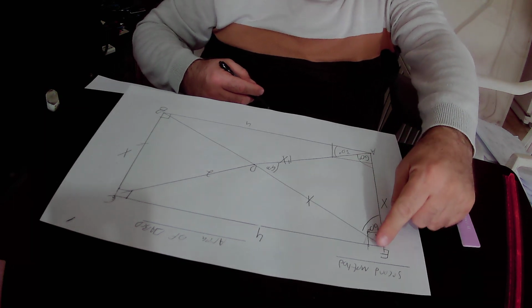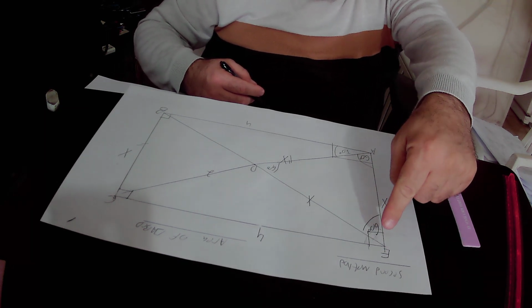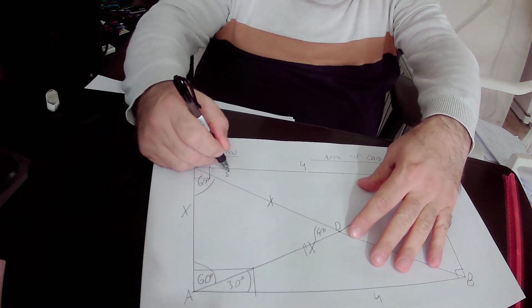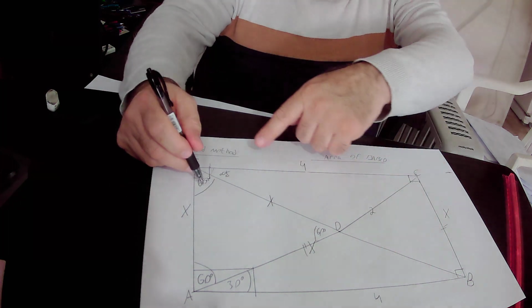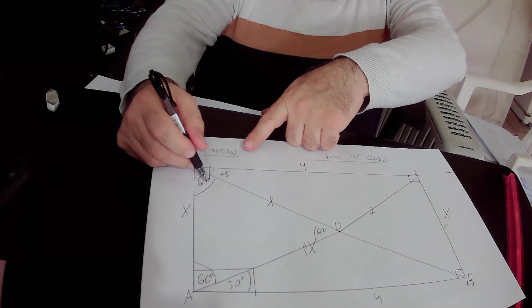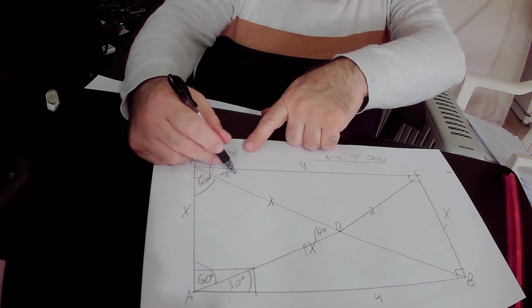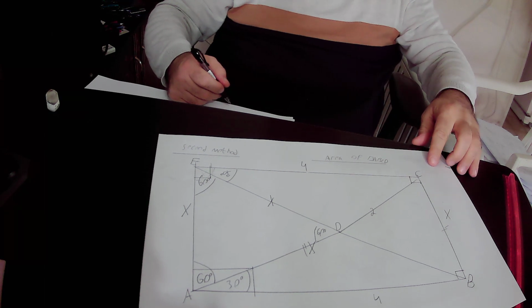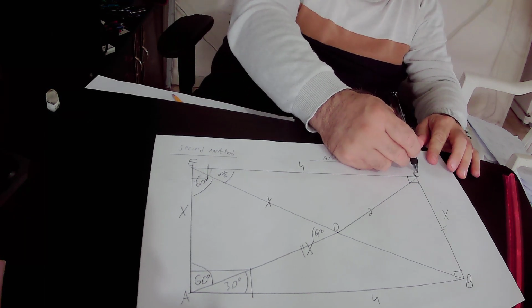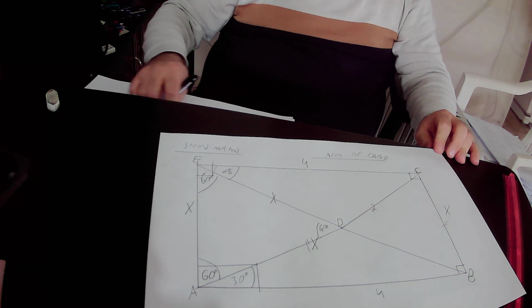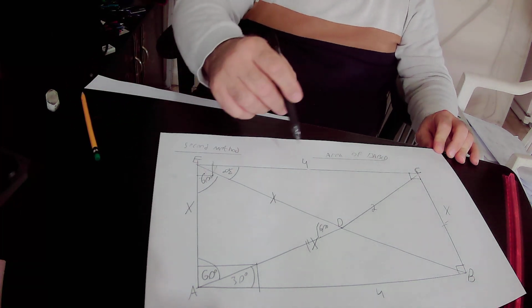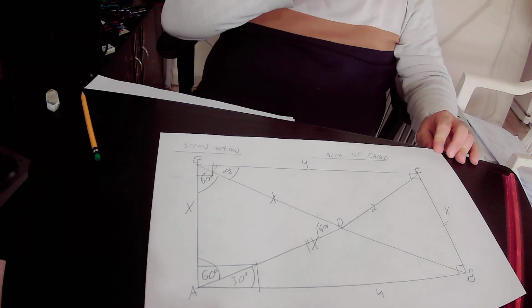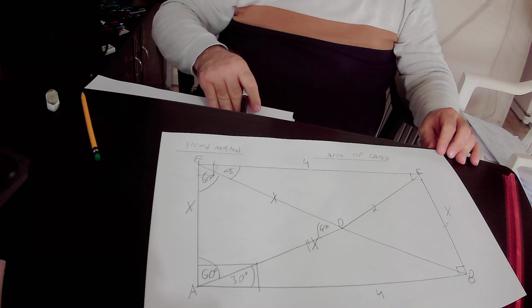So 90 degrees minus 60 degrees is the value of this angle. So we'll focus on triangle DEC.